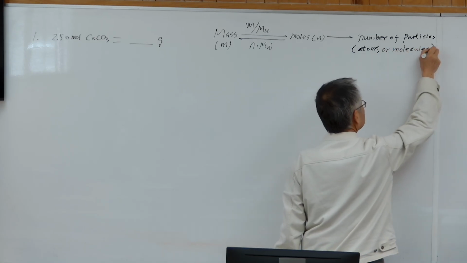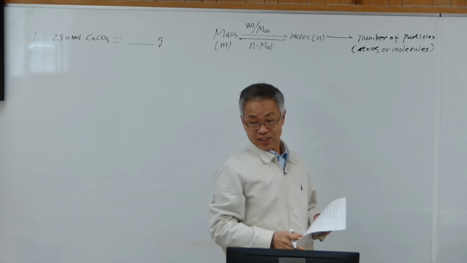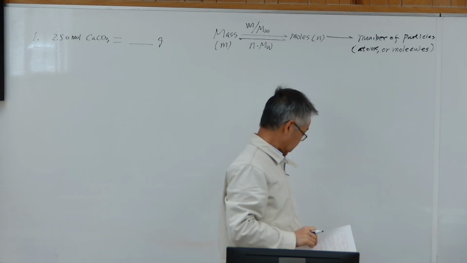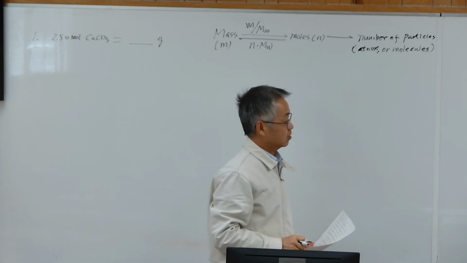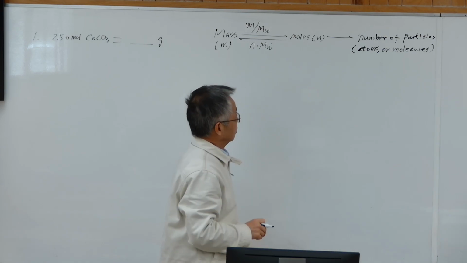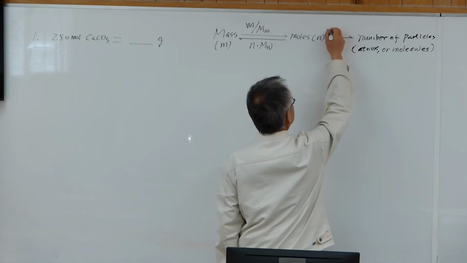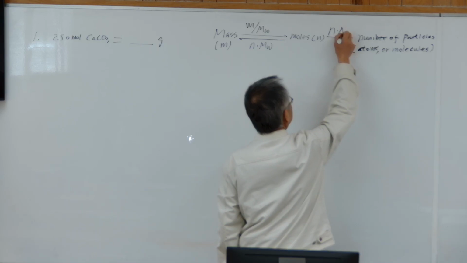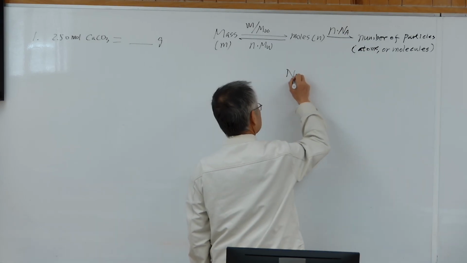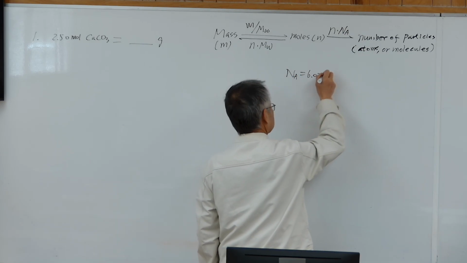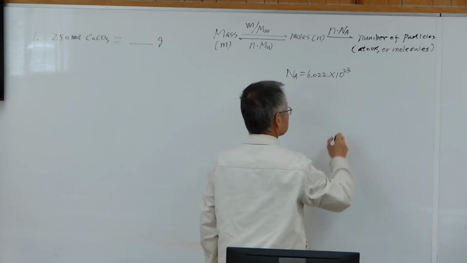Some substances exist in the form of atoms, like a metal. Some exist in the form of molecules, like water. So from moles to number of particles, you need to multiply by the Avogadro number, 6.022 times 10 to the 23rd power per mole.